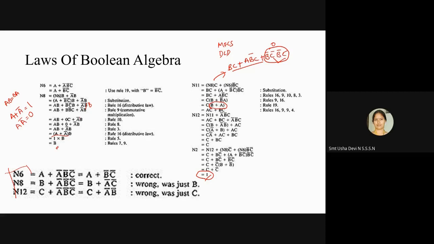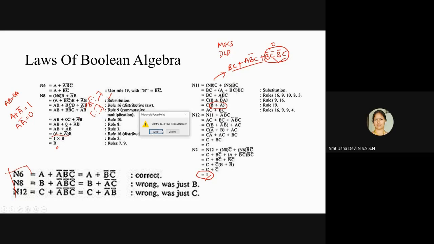While solving these problems, you need not mention the names of the formulas, but mention in brackets why you got this step, since this is the formula. In expression evaluation, you need to explain each and every formula.